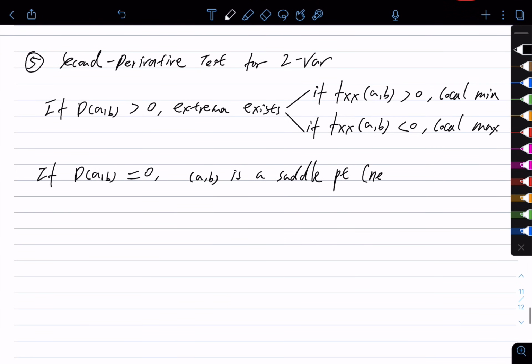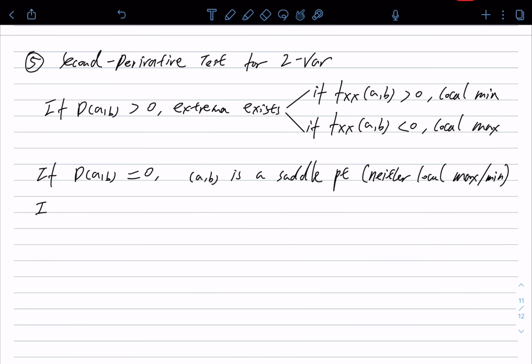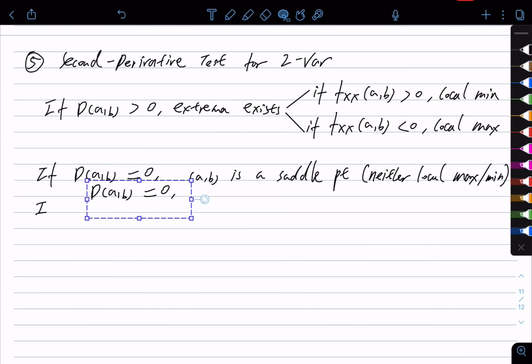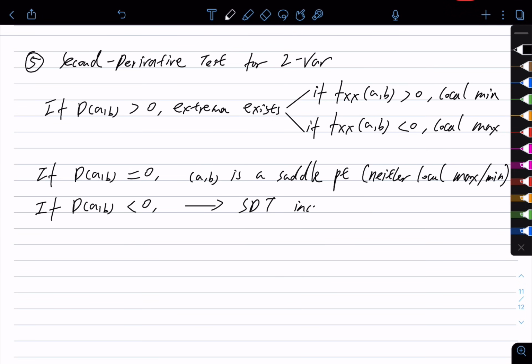It's neither a local max nor min. Okay? If this thing is smaller than 0, that means the second derivative test is inconclusive. Inconclusive. Okay?